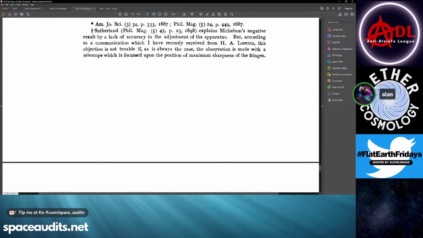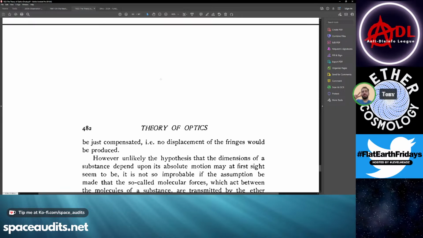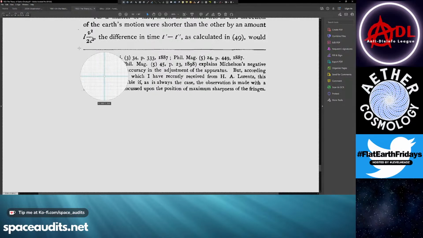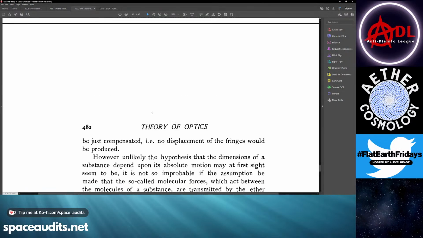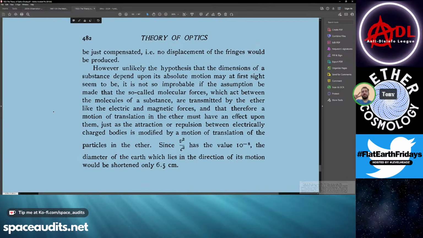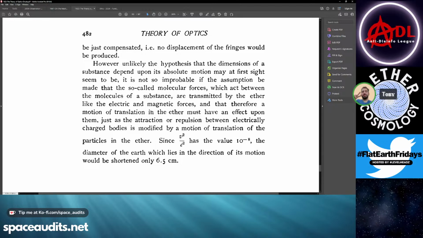It was definitely accurate enough. Hold on, I'm coming back to that real quick, that's future ammo. Go ahead. For example, no displacement of the fringes would be produced.